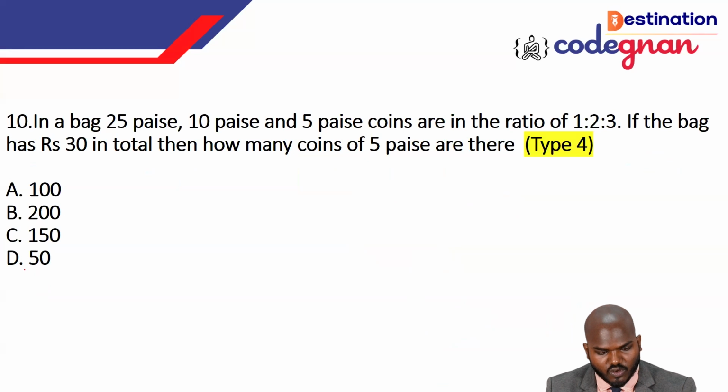With respect to the coins, we just want to see this one. We have a bag of 25 paise, 10 paise, and 5 paise coins in the ratio of 1x, 2x, and 3x.